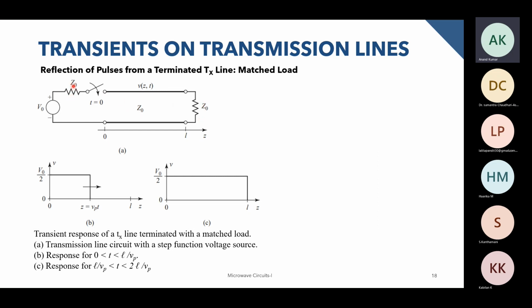Notice that the source impedance of the generator is Z0, the characteristic impedance of the transmission line is also Z0, and the load impedance is also Z0.